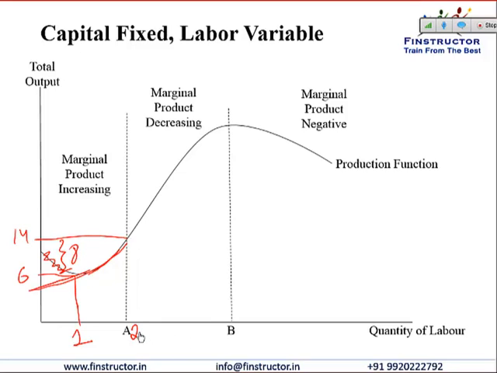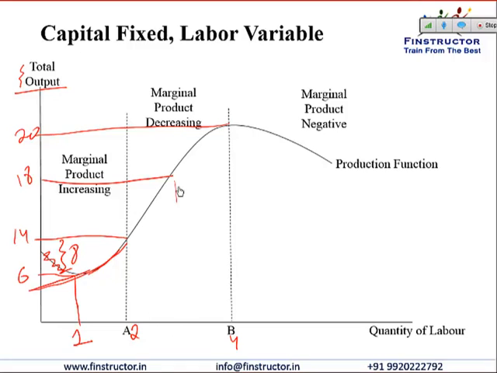A to B is from the second to the fourth labor, wherein we saw the marginal product is still increasing. This 14 became 18, the 18 became 20. So 2 units improvement was happening on the total output. But the marginal product is decreasing.